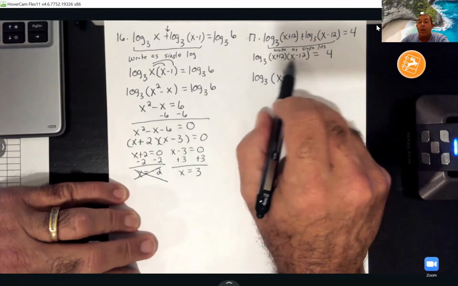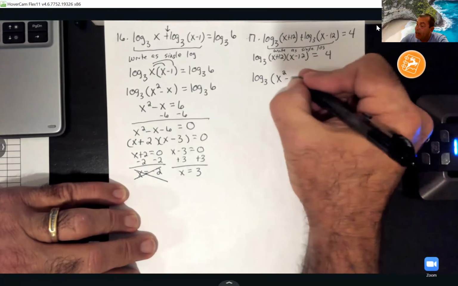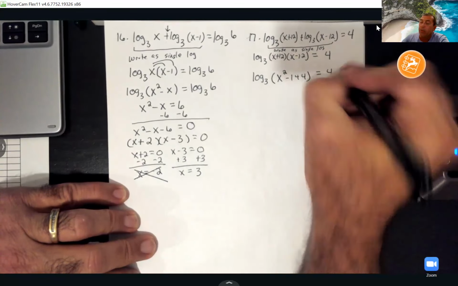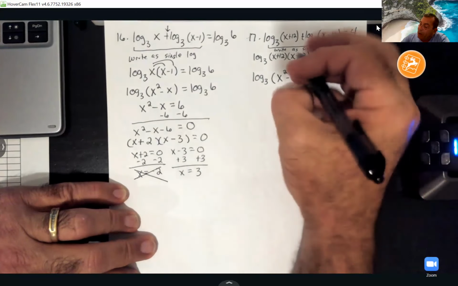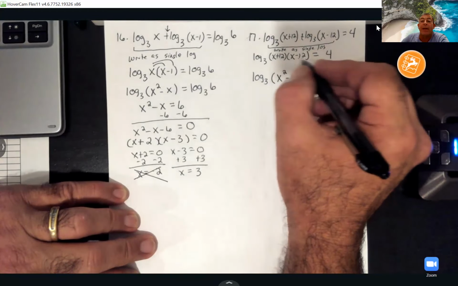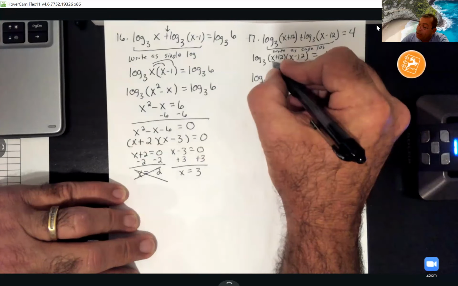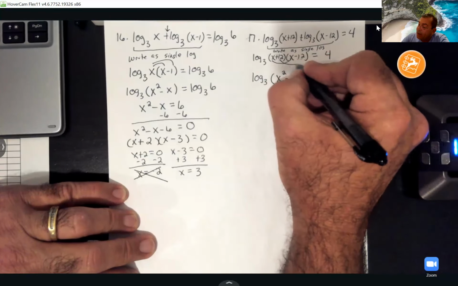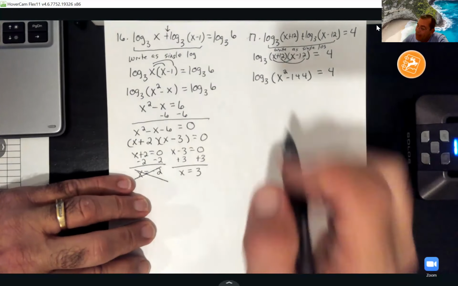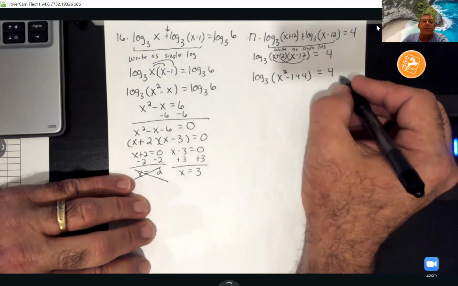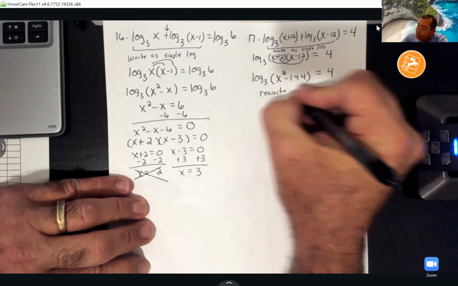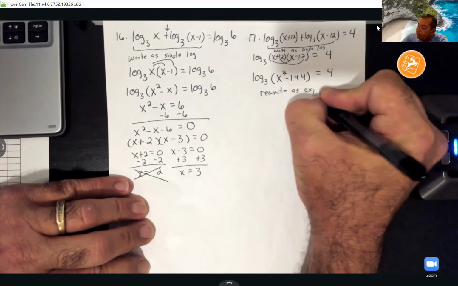And then the 12 times negative 12 is a negative 144. All equal to 4. So remember, perfect squares, when you got these conjugate pairs, you multiply the first two together, then the last two, okay? All right, so now we don't have a log over here, so this one we have to rewrite as exponential.